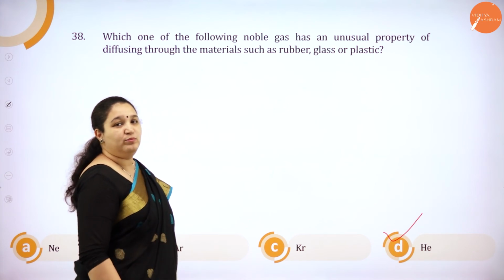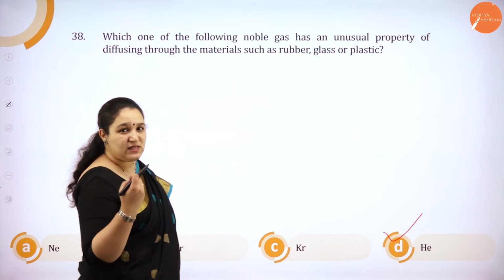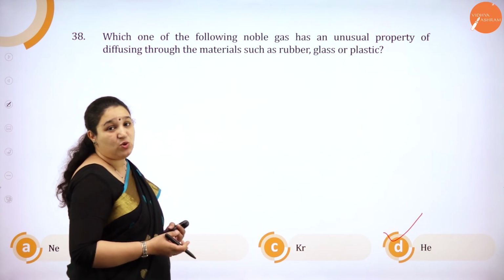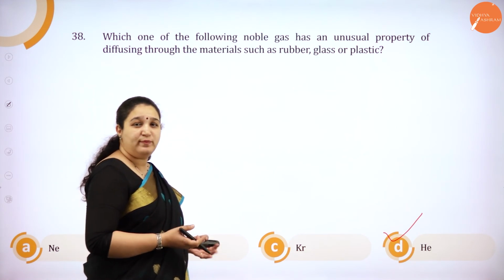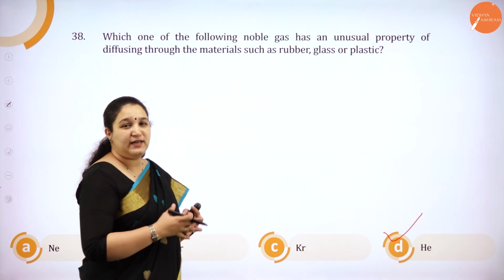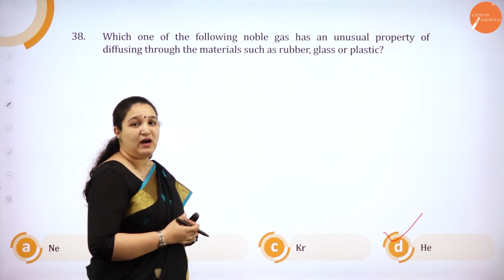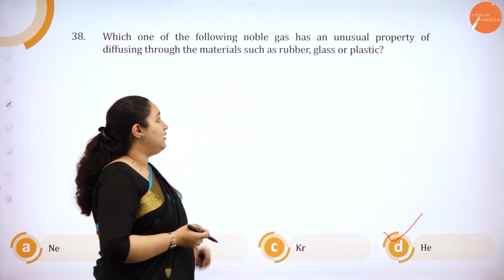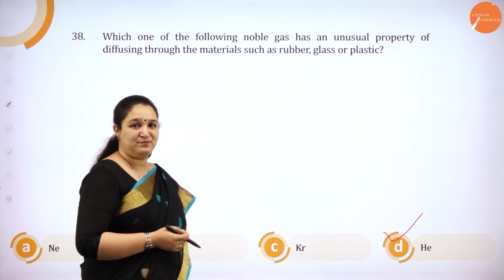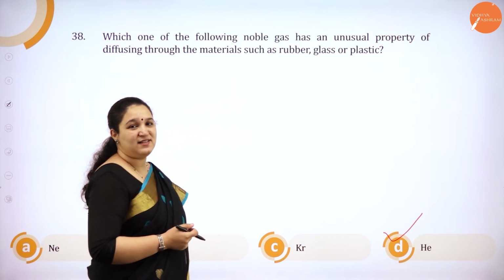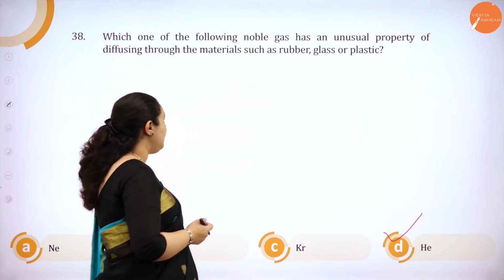It has low boiling point as well as its own inertness, low solubility, and it can diffuse quite fast through rubber, glass or plastics. Okay, so the correct answer is helium.